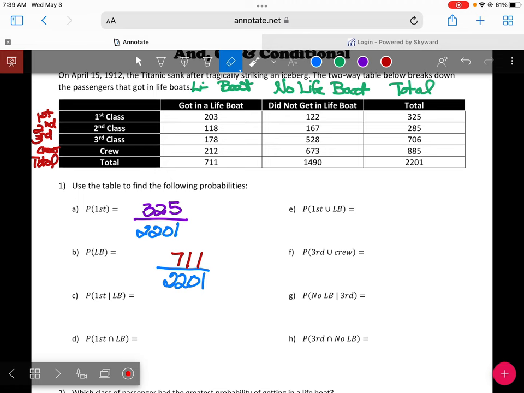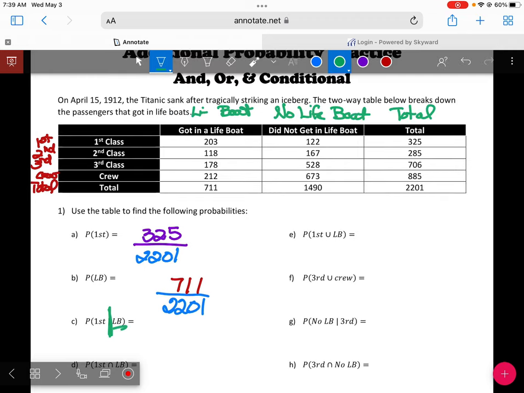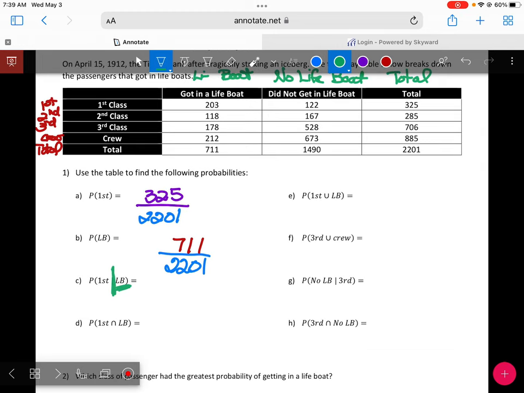Okay, letter C. First of all, do you see that vertical line? That means it is a conditional. My total is not going to be my denominator. Instead, whatever follows right there is my new denominator. So those that made it in the lifeboat, what's the total that made it in the lifeboat? 711. That is my new denominator.